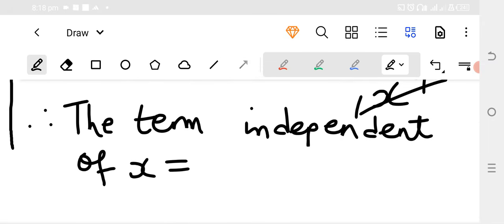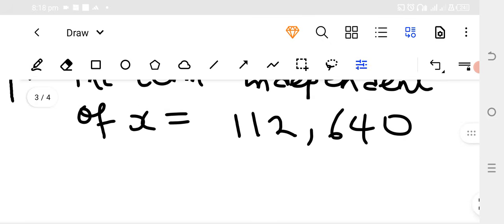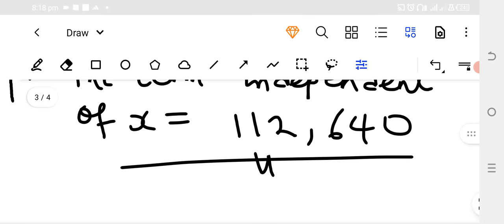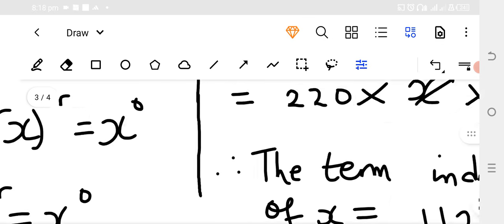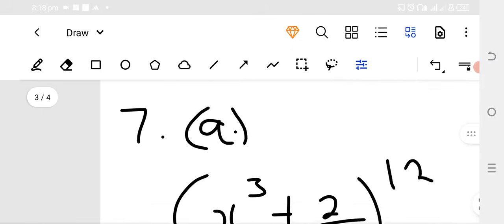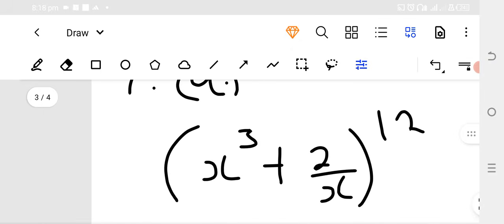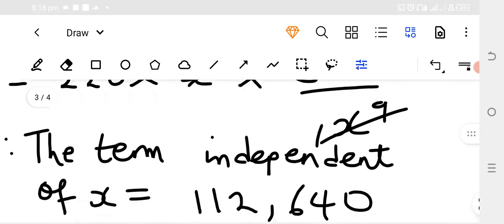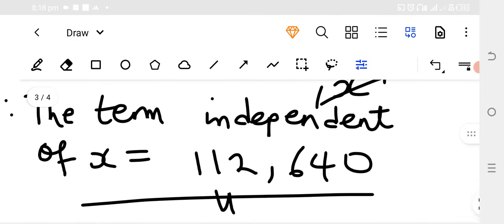Don't worry, we do get big numbers. 112,640. This is where the binomial theorem becomes very important, because if you were to expand, this is the kind of number that you would get, which is very big. 220 times 512, you're going to have 112,640. If you confirm with the expression, you had that particular answer as a term independent of x.